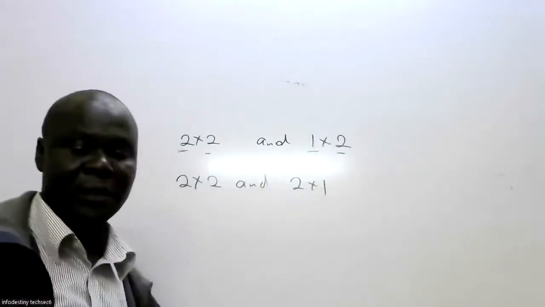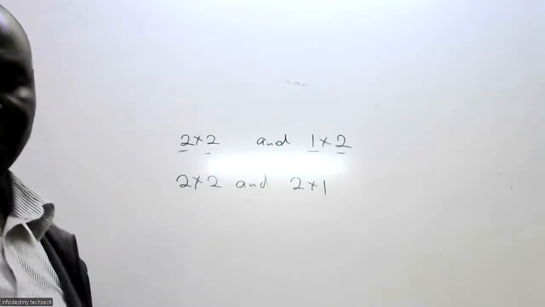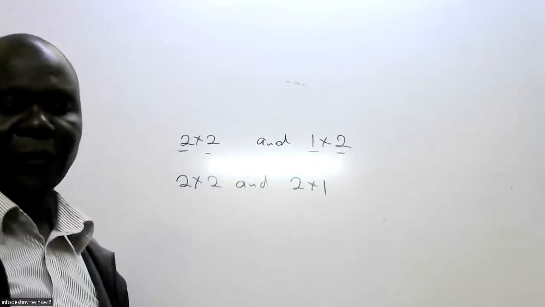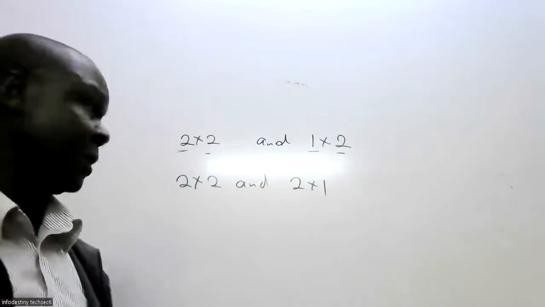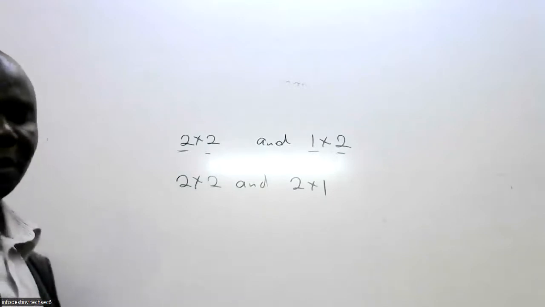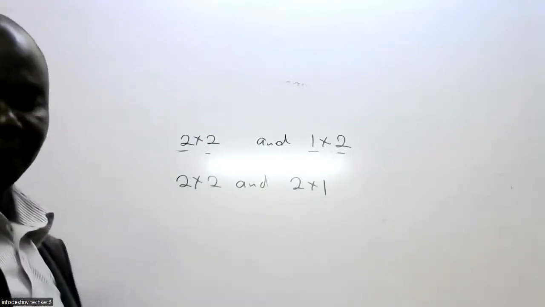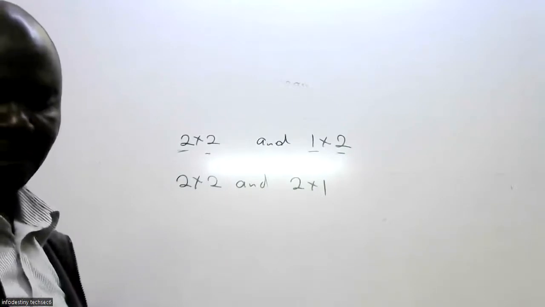Now 2 times 1, so it can be multiplied, and it should give a 2 times 1 matrix.